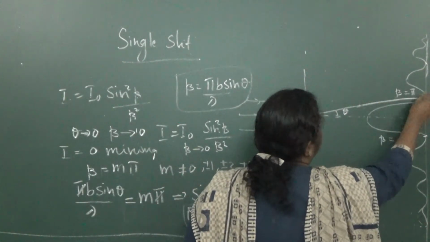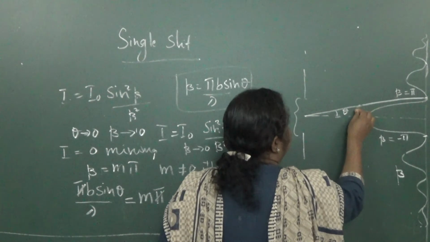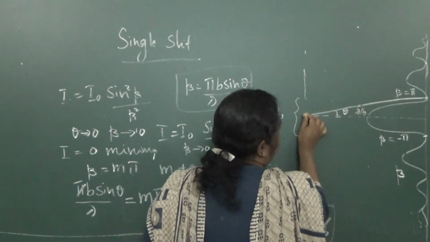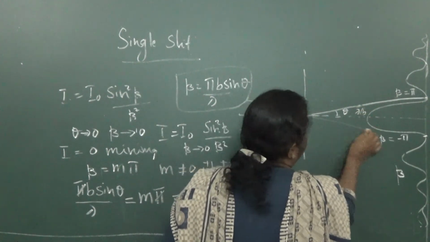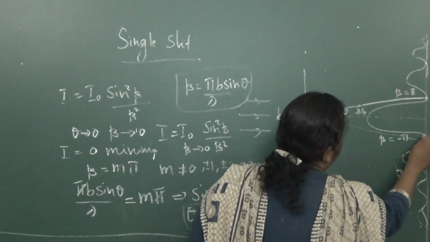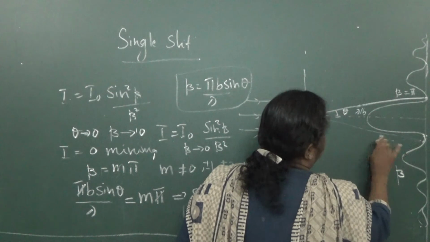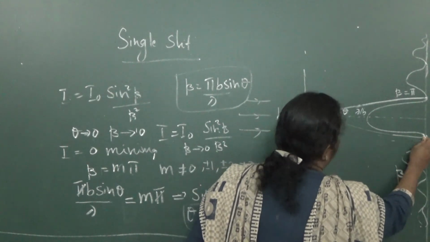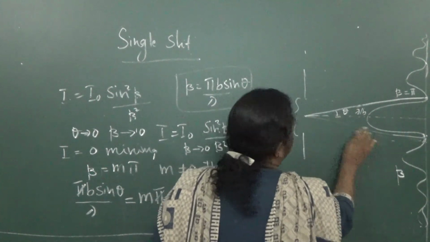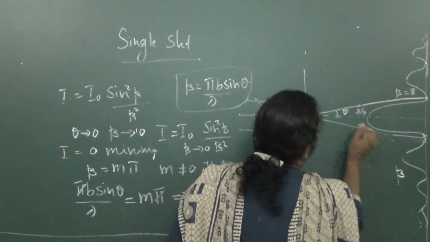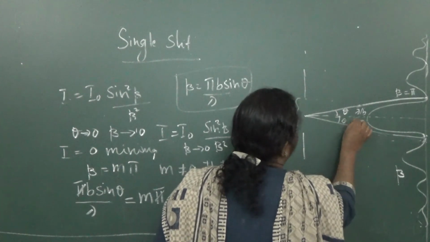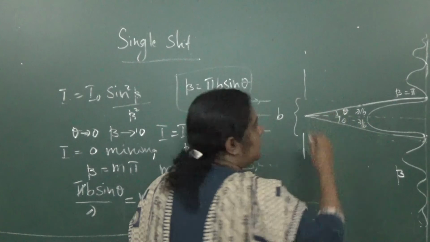So here the theta is actually lambda by b, and here the theta is equal to minus lambda by b, right?